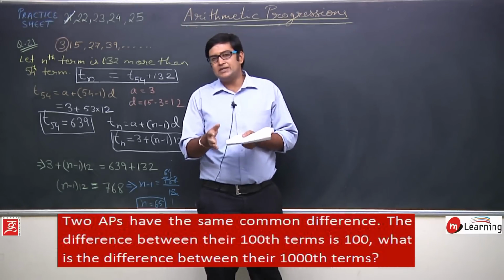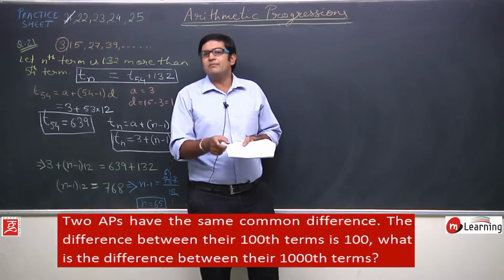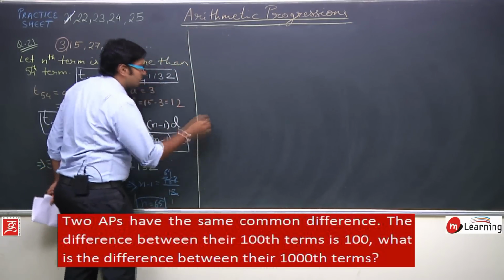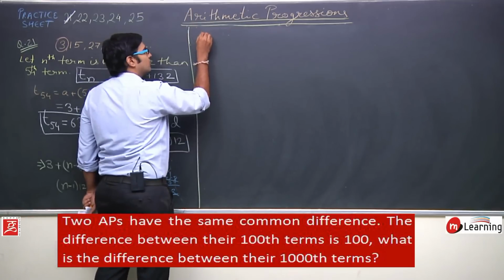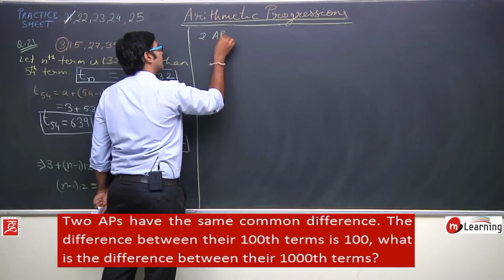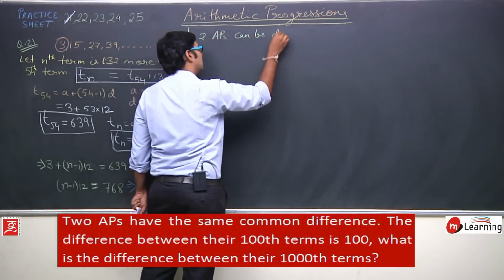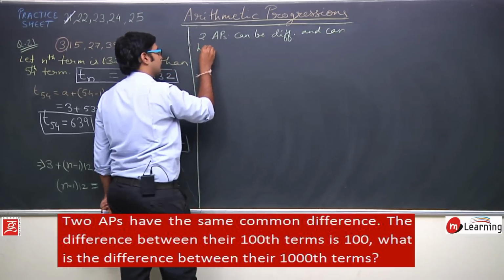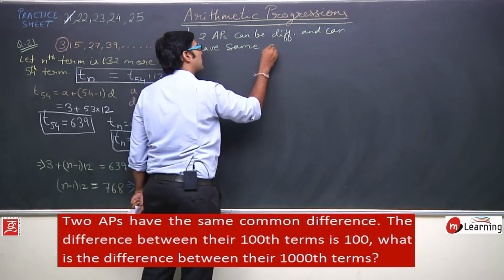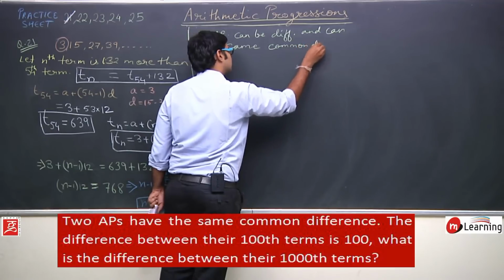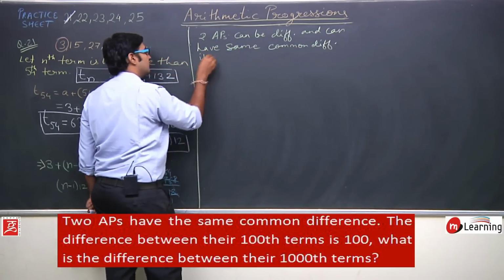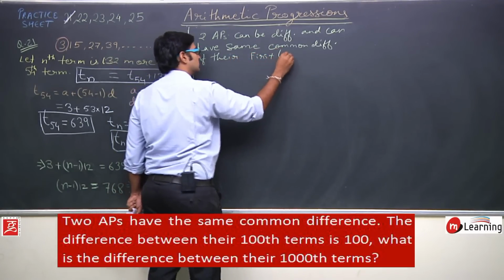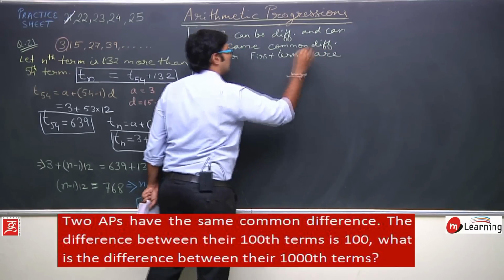How can two APs be different with the same common difference? They can be different, and can have the same common difference, only if their first terms are different.